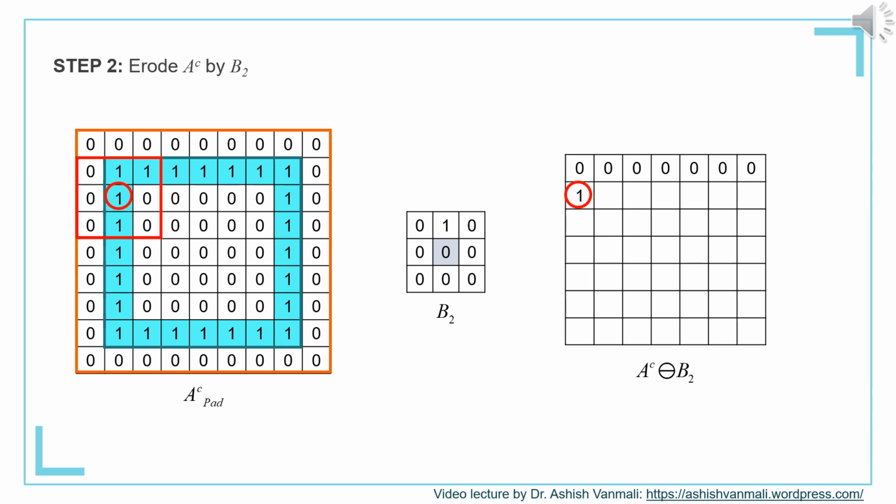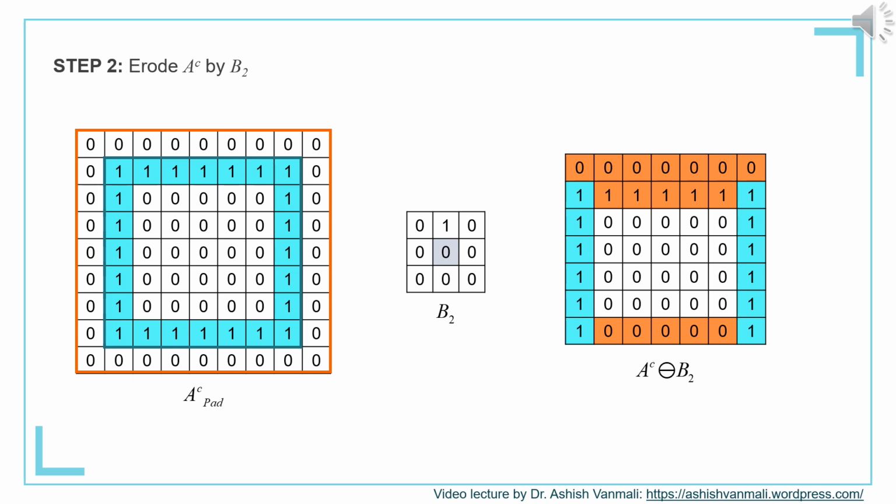If you observe carefully, in all the cases when we keep the center on the second row, we will always get the output 1. If we complete this process for all the pixels of A complement, we will get the corresponding output of the erosion. You can see the result of A complement eroded with B2 in figure 3.